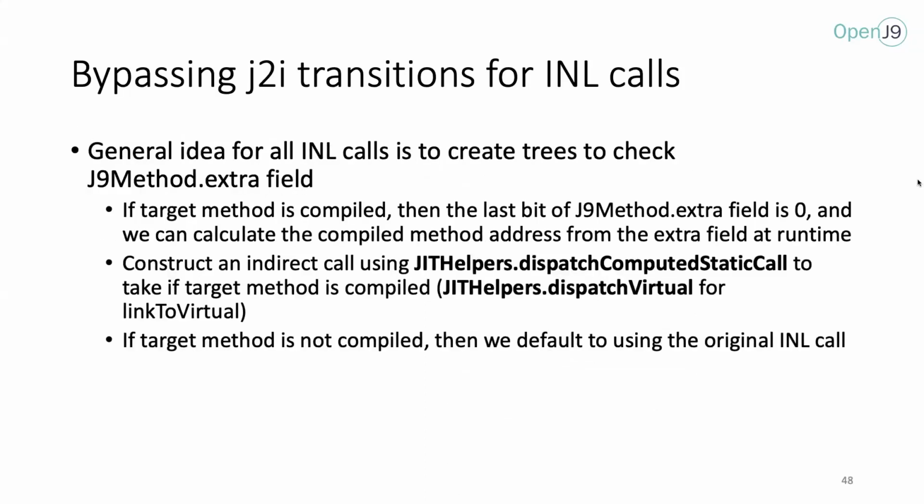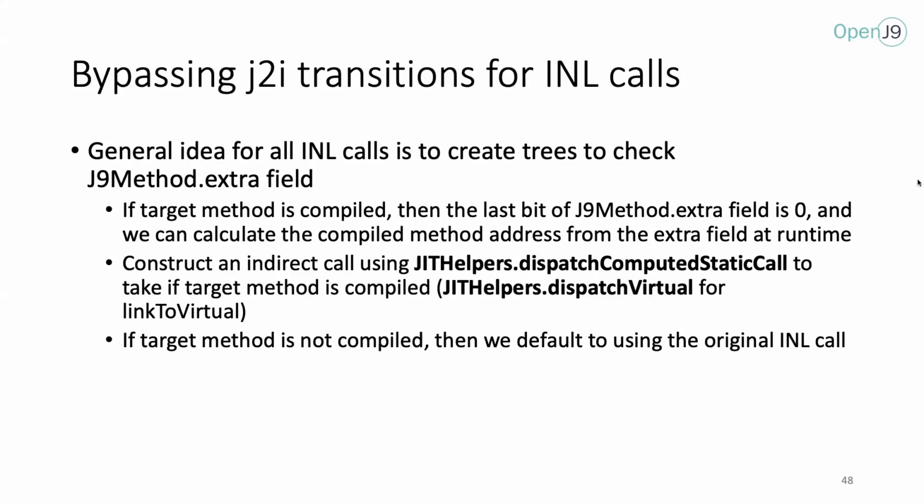To explain the general idea of how we create these trees, as I mentioned before, if the method is compiled, then the last bit of the J9Method.extra field is going to be 0. From the value of the extra field, we can calculate the compiled method address at runtime. Then we represent the indirect call into the JIT method address using two different helper methods we introduced in JIT helpers.